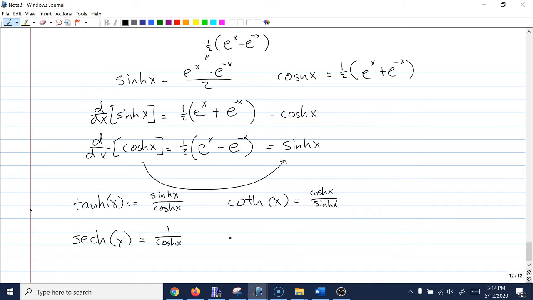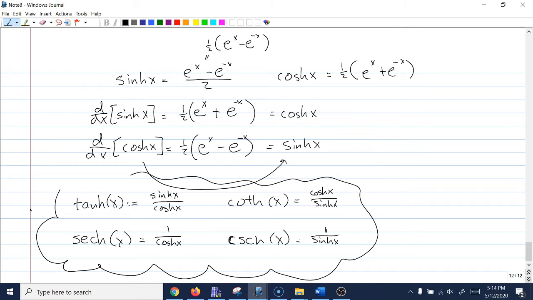There's a function csch, which is 1 over sinh. It can be worth figuring out what these derivatives are. Most people don't have these ones memorized. They are very similar to the regular trig derivatives, but the minus signs show up in different places.